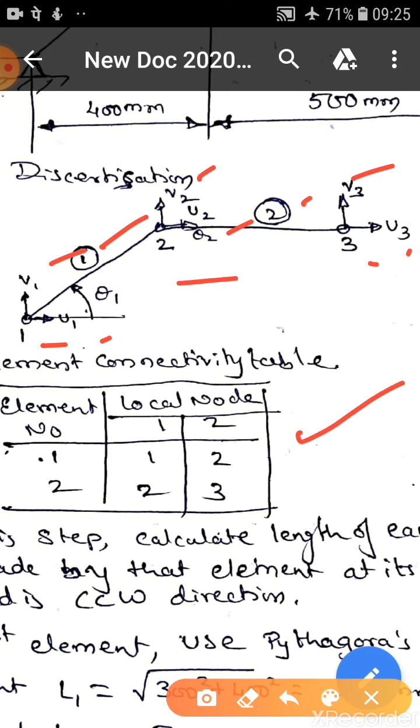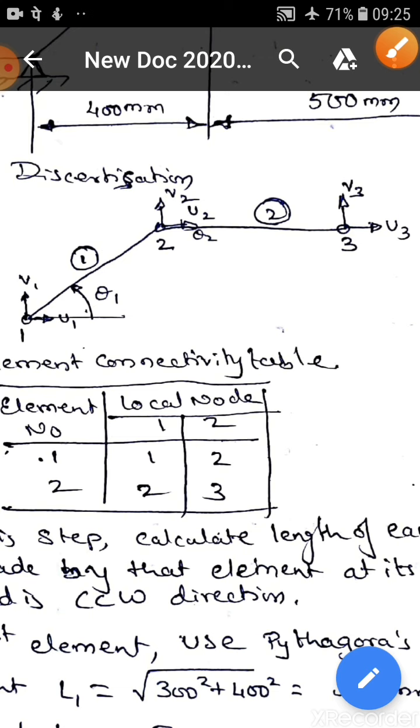Element 1 is between nodes 1 and 2, element 2 is between nodes 2 and 3, with local nodes 1 and 2. As in the first bar problem, this element connectivity table is helpful at the end, while writing the global stiffness matrix. Its importance is seen in the immediately following step.